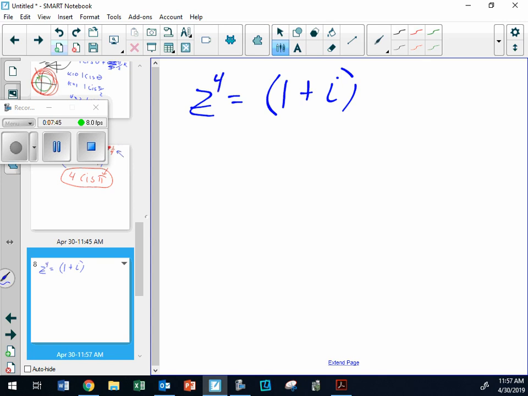And then to get z alone, to solve for z, I'd have to put this to the 4th root. That's how you end up getting to the problem. The problem is, what's the 4th root of this? And there's 4 answers. There's 4 fourth roots of this.